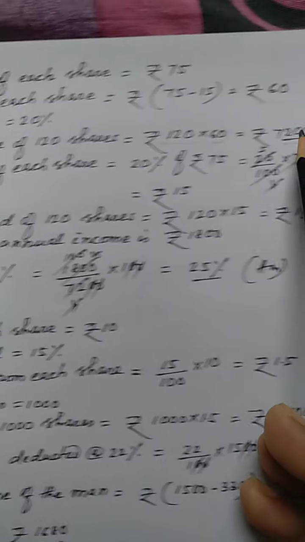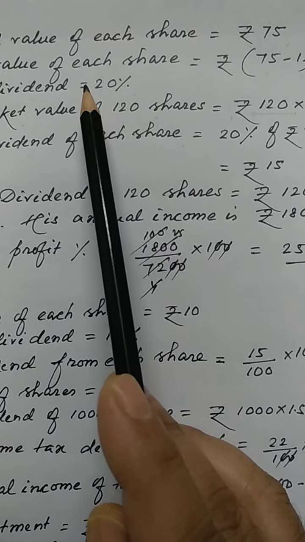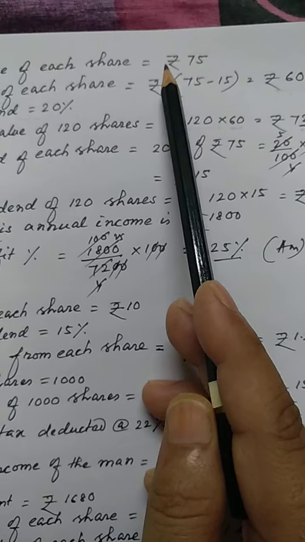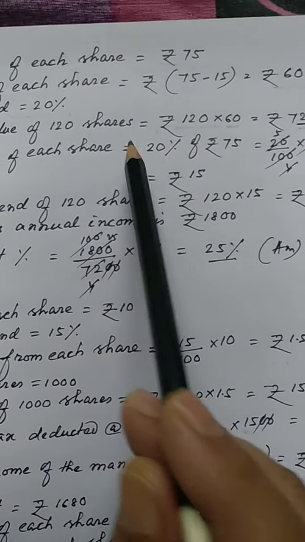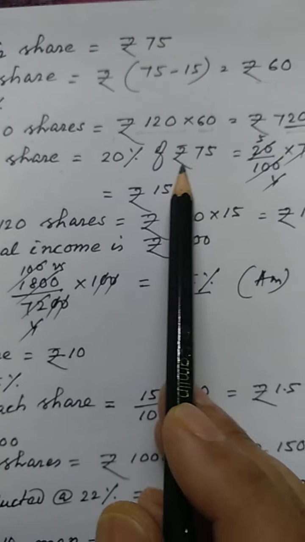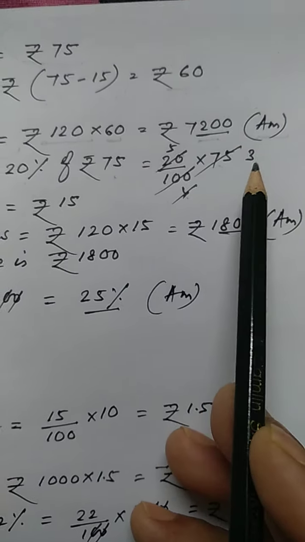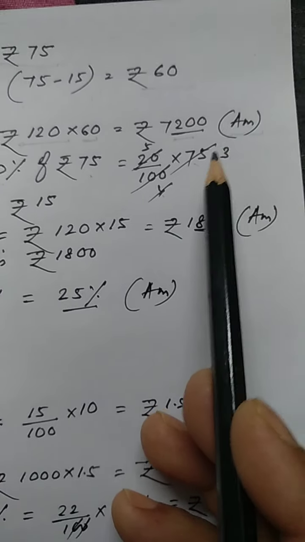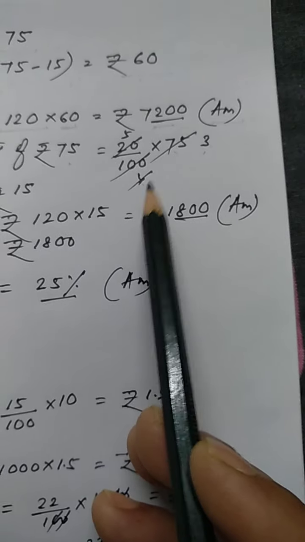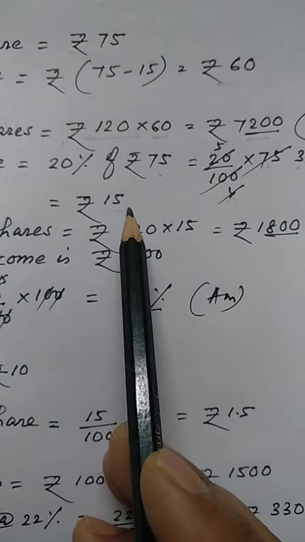This is the answer. Now dividend of each share, as the rate of dividend is 20% and nominal value of each share is 75 rupees, so dividend of each share will be 20% of 75 rupees, and that is 20 by 100 into 75, and then cancelling it, 5 into 3, rupees 15.